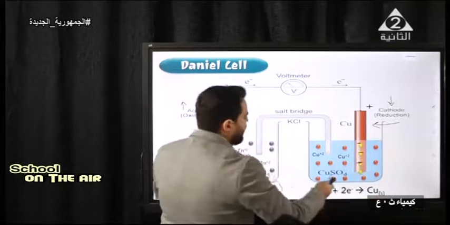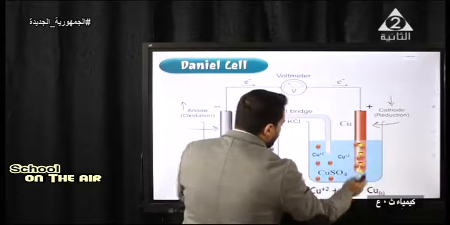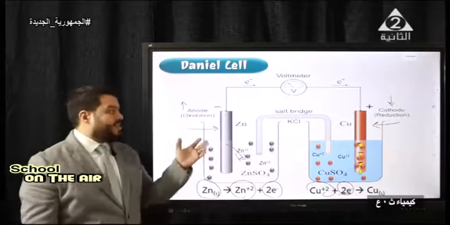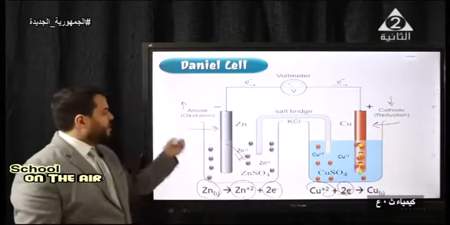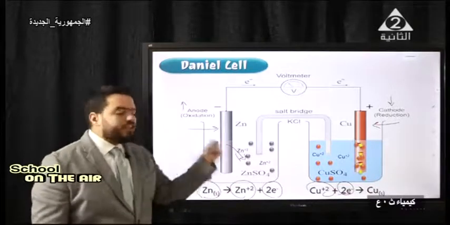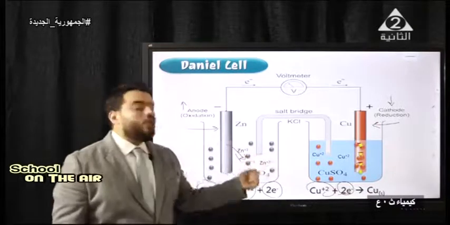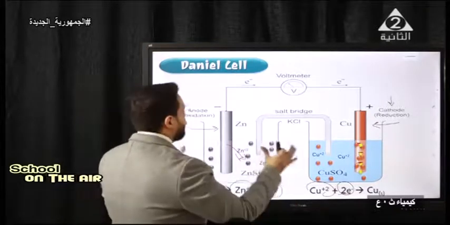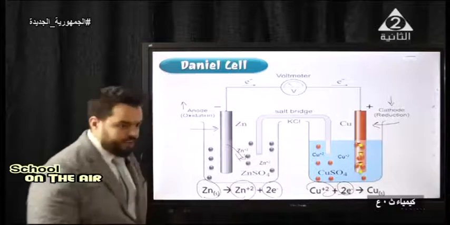It will attract them and they will go on to gain electrons. Okay, as we have seen, the anode is going to make an oxidation and the cathode is going to make a reduction reaction. So that will be the redox and the spontaneous redox reaction.